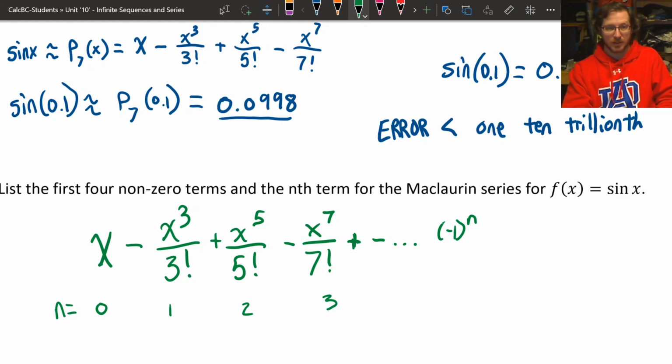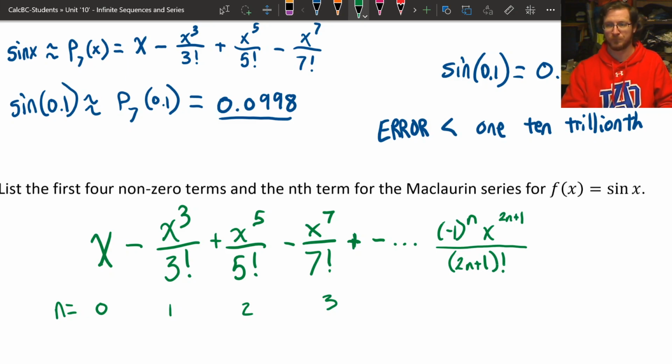Negative 1 to the 0 is positive, so that one's positive. And then our numerator is x to the, and those are all odd numbers, 1, 3, 5, 7. So 2n plus 1. That takes care of our numerator. Our denominator is just that same value, but factorial. Okay, so that's our nth term.